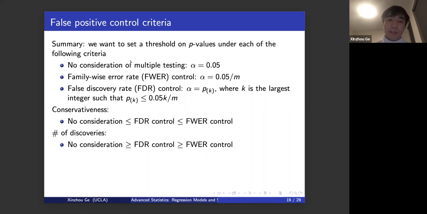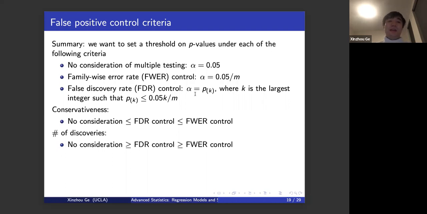And if we use false discovery rate control, then the threshold will be the k-th smallest p-value, where k is the largest integer such that the k-th smallest p-value satisfies p_k is smaller or equal to 0.05 times k over n. So this is the threshold for the BH procedure.